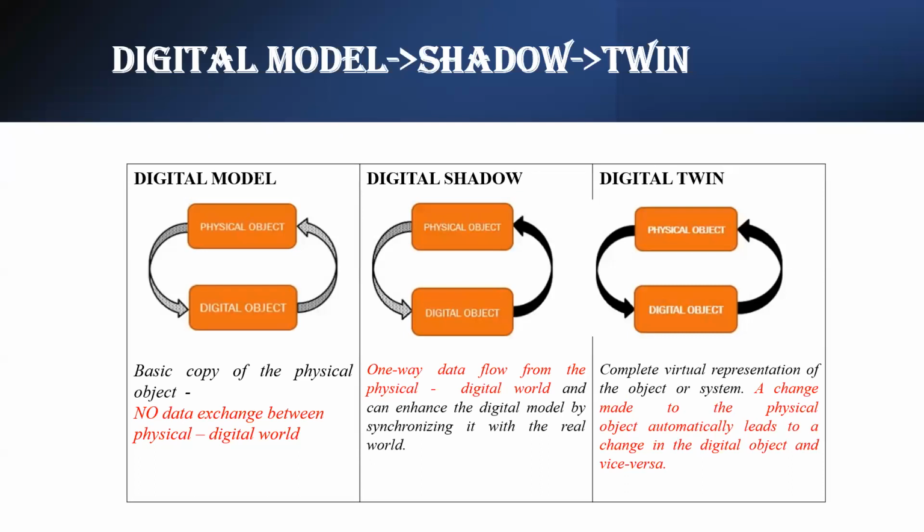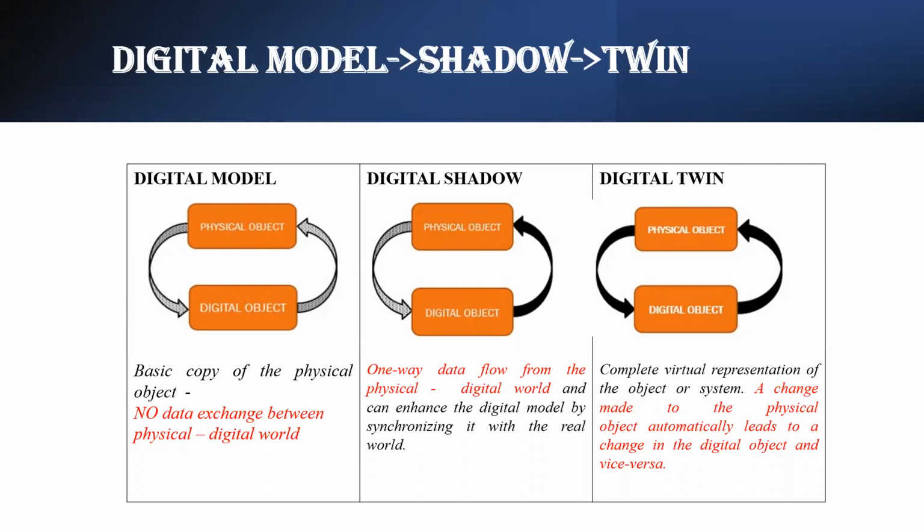Then this also did not solve today's problems. So people went ahead with the implementation of digital twin, where the physical object can send the data to the digital object so that the digital twin is updated all the time. At the same time, using this data, the digital object can also send a feedback mechanism to the physical object.